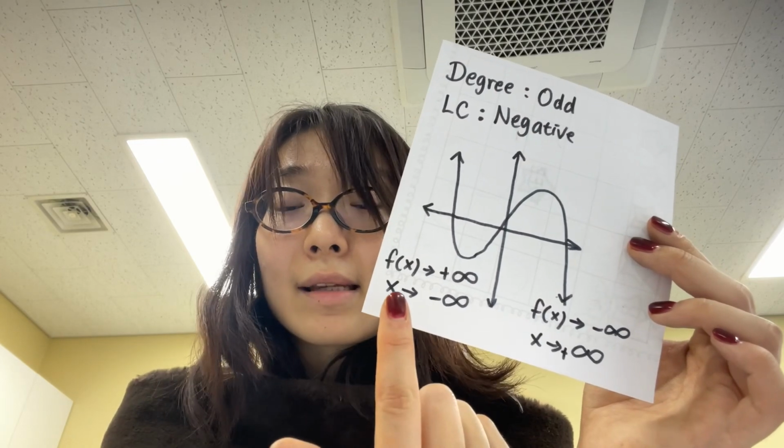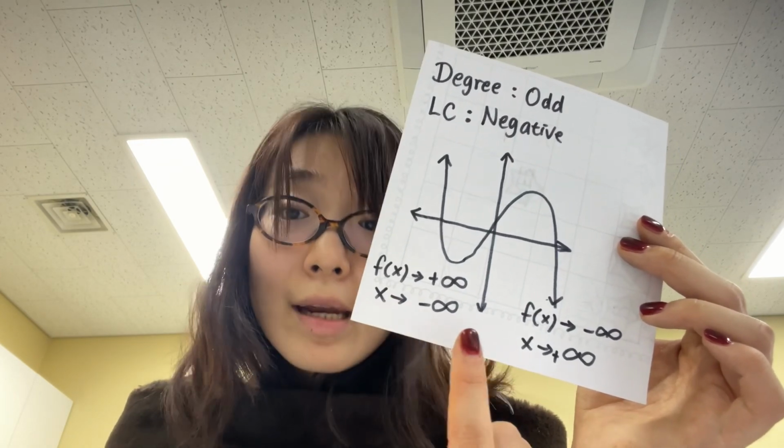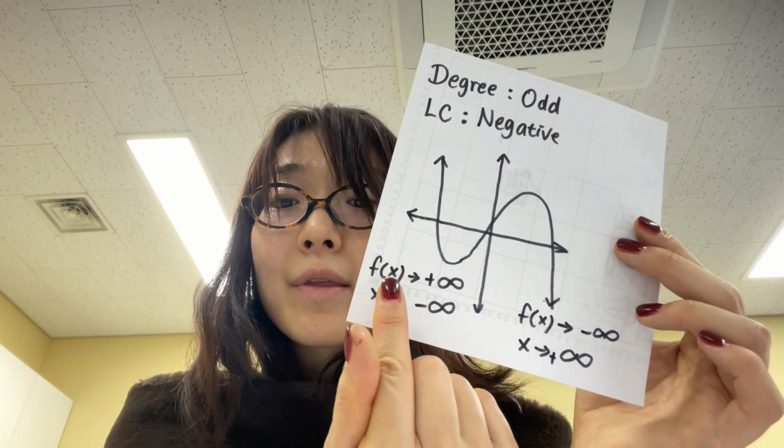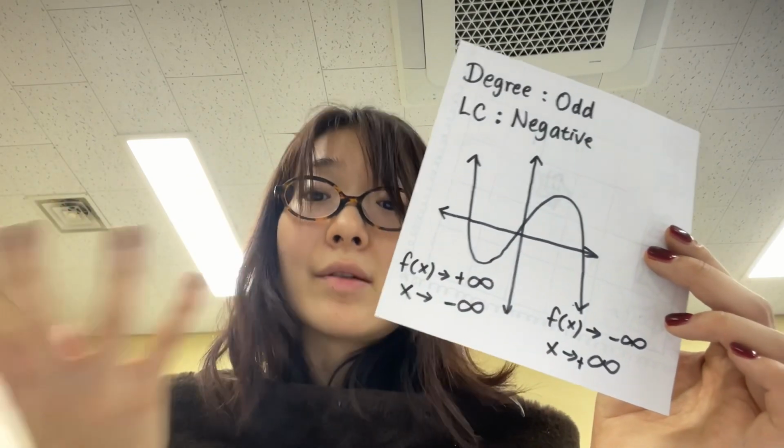And as x values approach negative infinity, this time around though, the function values actually go up. So with odd functions, their end behaviors are always opposite, right? So either they start low and go up, or they start up and then go down.